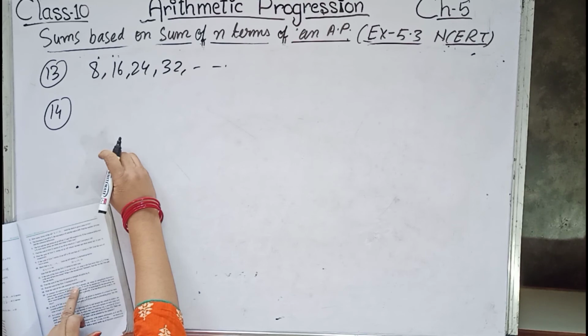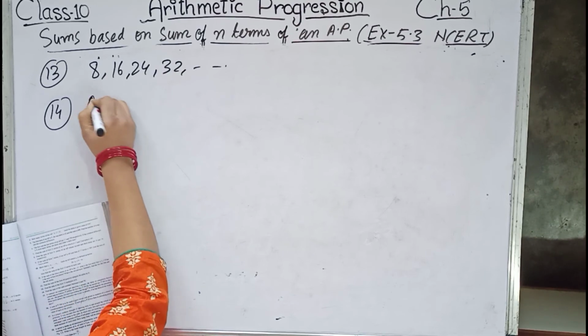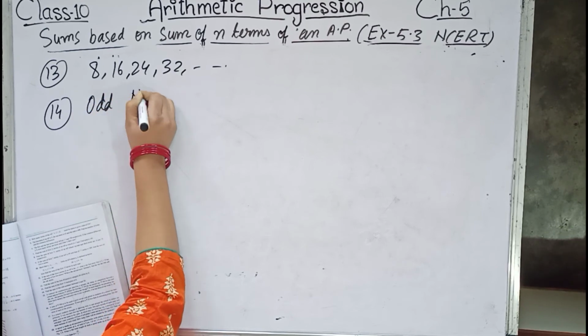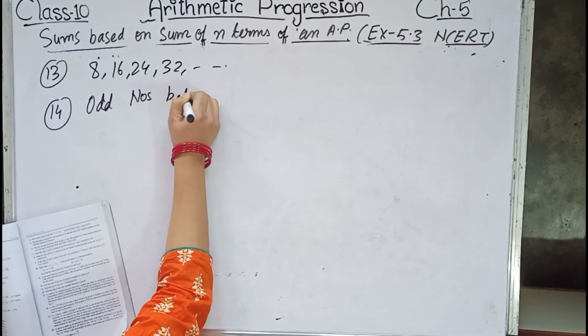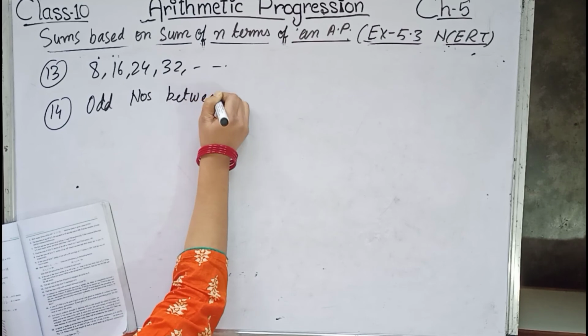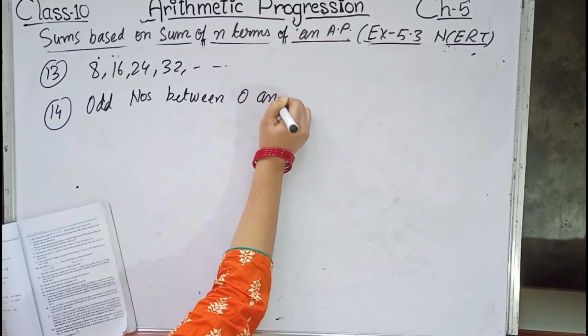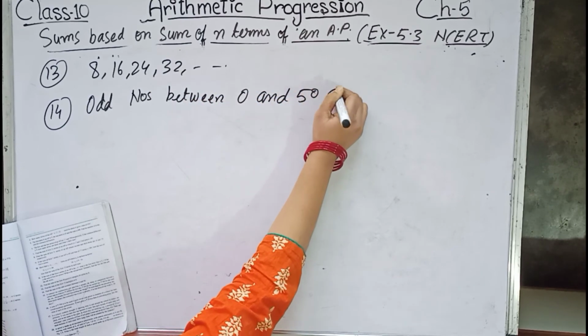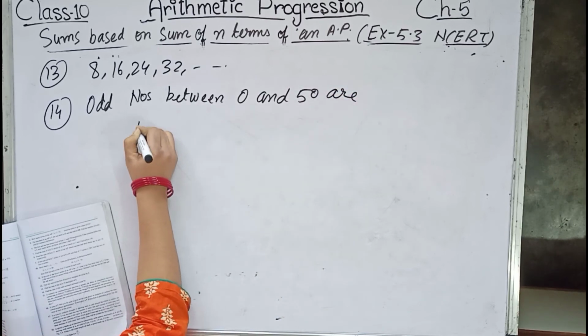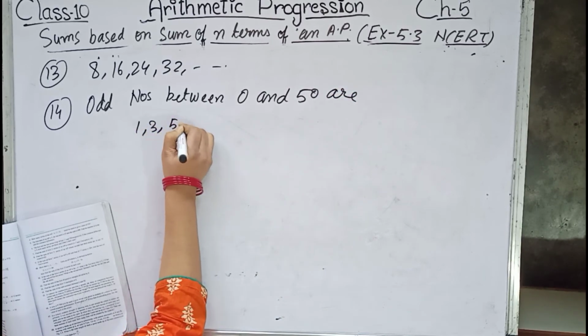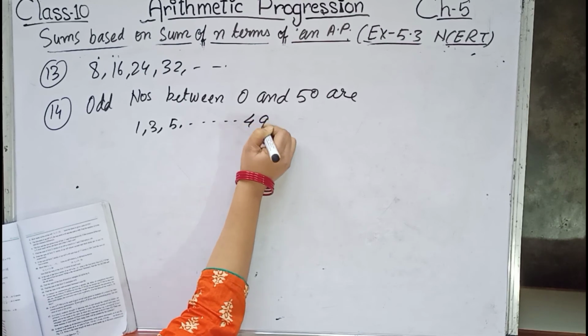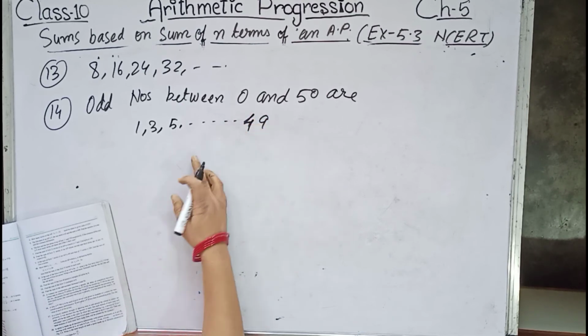Question number 14. Find the sum of the odd numbers between 0 and 50. So we will be writing odd numbers between 0 and 50 are 1, 3, 5 and so on till 49, and we have to find the sum of this.